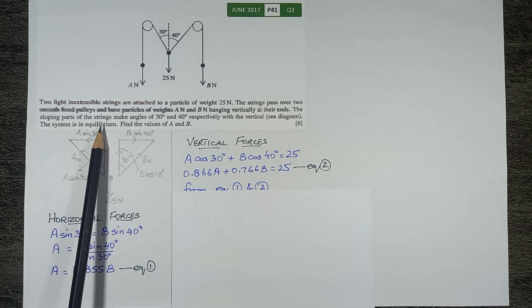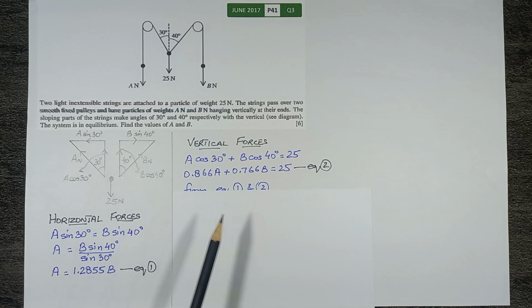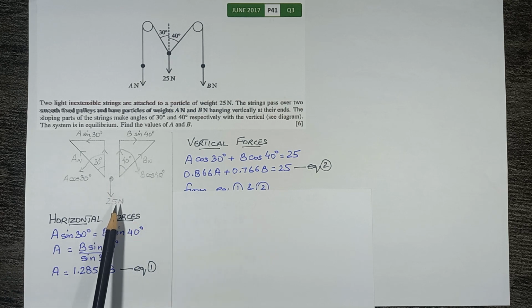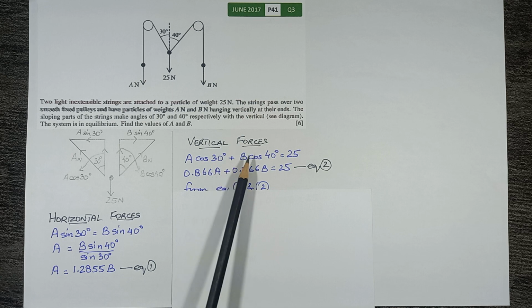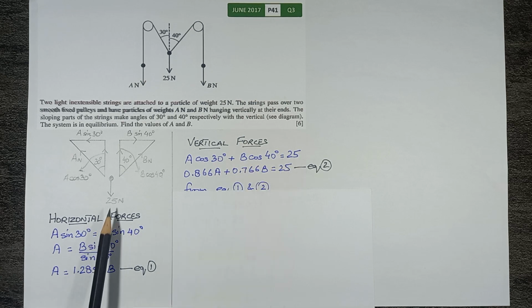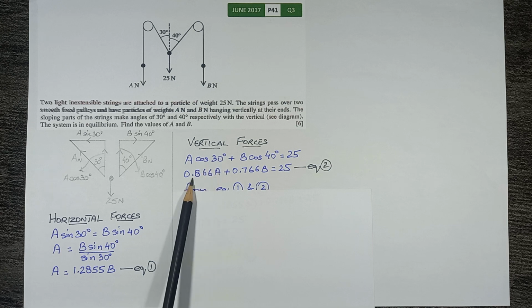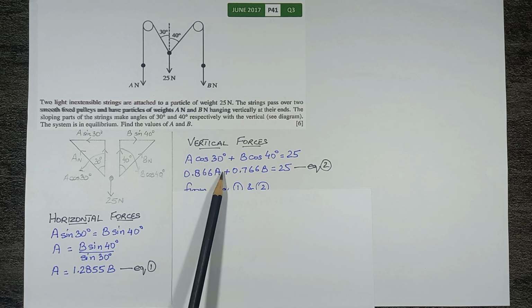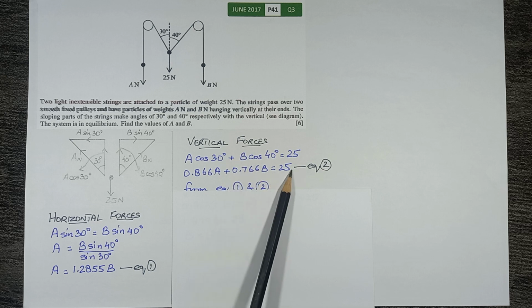The condition is equilibrium, so the sum of these two would be equal to the weight of the particle, which is 25 Newton. So A cos 30 plus B cos 40 equals 25, and then we work out the value of cos 30, which is 0.866, and cos 40, which is 0.766, so 0.866A plus 0.766B equals 25, and that is equation 2.